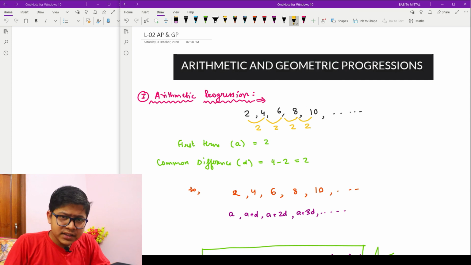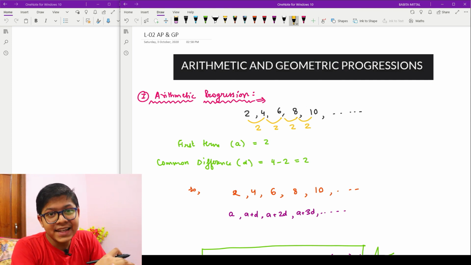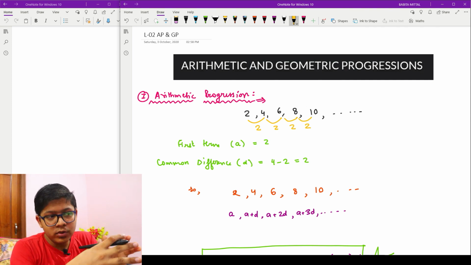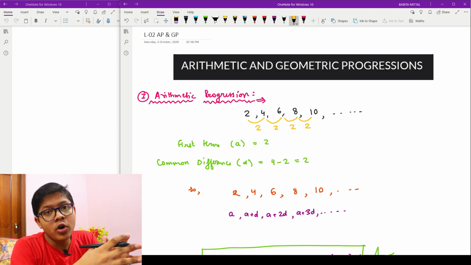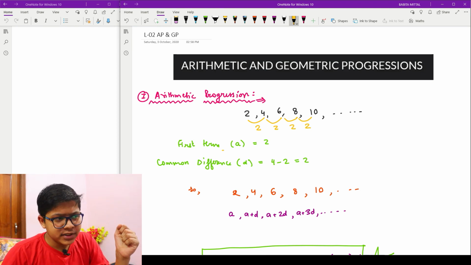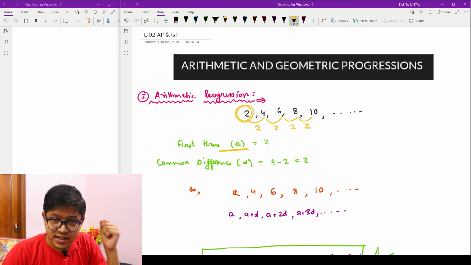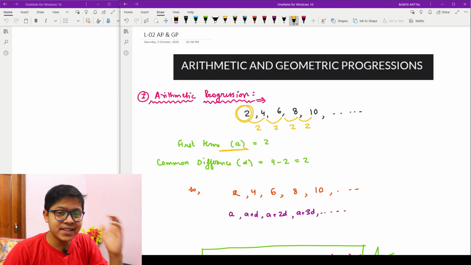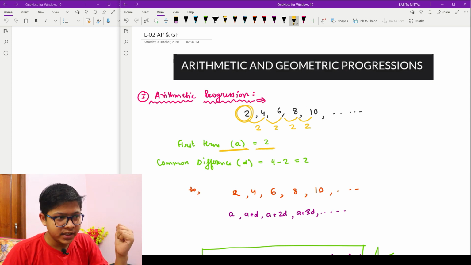Now the main thing in any series, if you find out, is the first term and the common difference. Now the first term is the first term itself which is in the series. Here I represent the first term as a, and the first term is 2 here. Then the common difference is d.